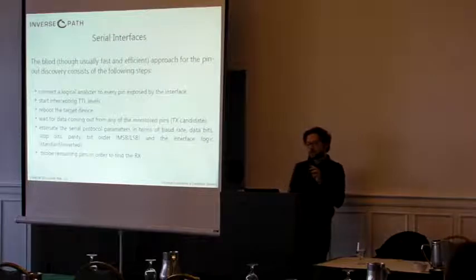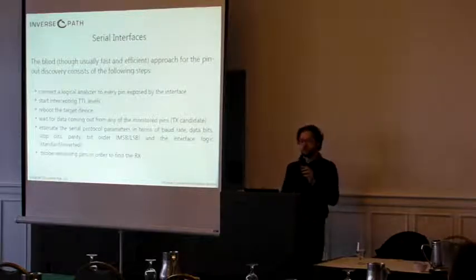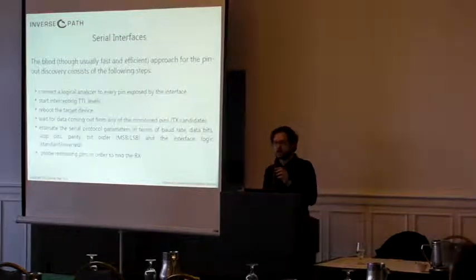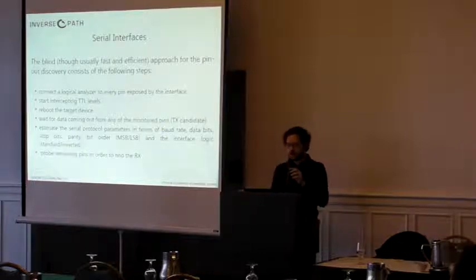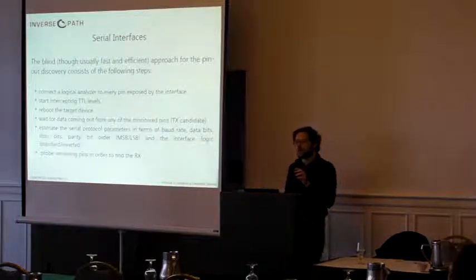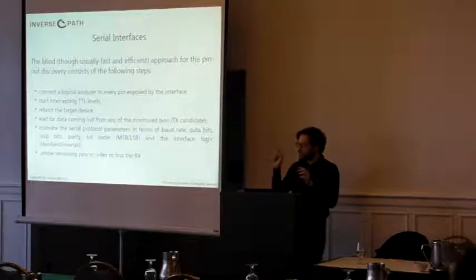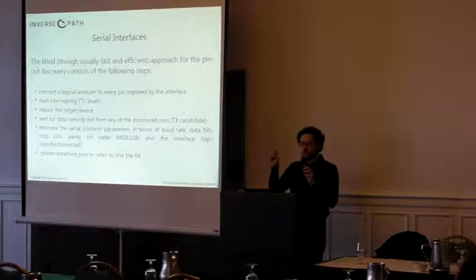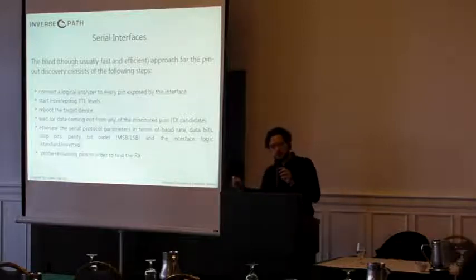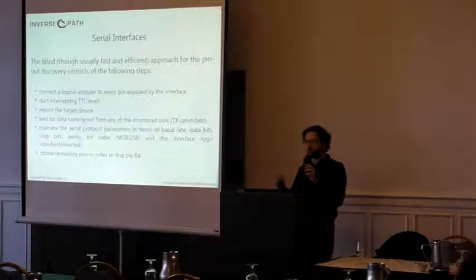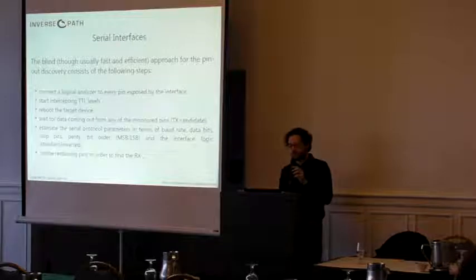Serial interfaces, even if you're not into hardware hacking at all, are very trivial to find. You can buy a logic analyzer, very cheap, and usually by just looking at the PCB you can find the series of pins that can be associated to a serial interface. Of course, if you are lucky, the PCB board will tell you that it's a serial interface. If not, you can just probe around, and it's often very easy to find.